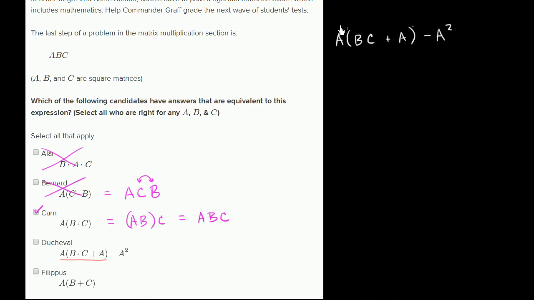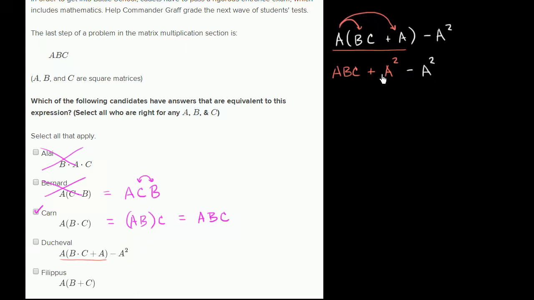So you can actually distribute this A, and I encourage you to prove it for yourself, maybe using some 2x2 matrices for simplicity. And so this part right over here is going to be ABC plus A times A, which we could write as A squared, and then we're going to subtract A squared. Well, these two things are going to cancel out.